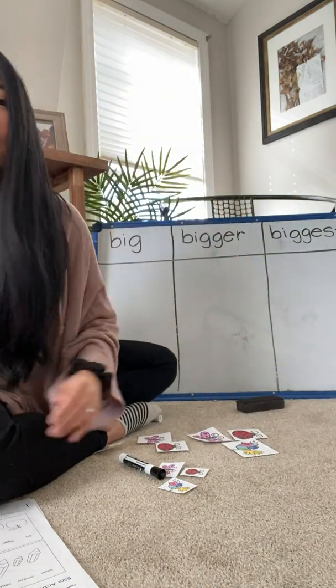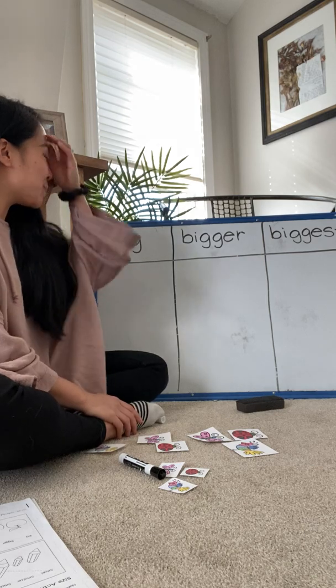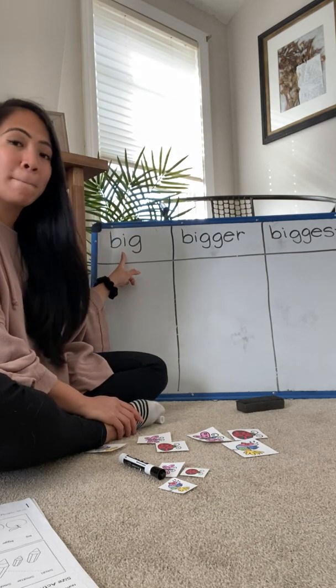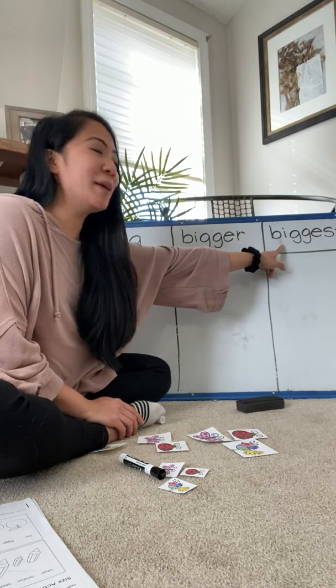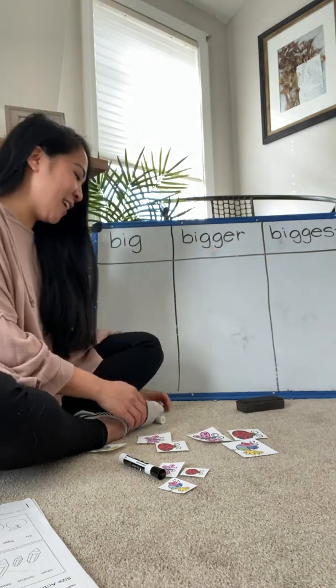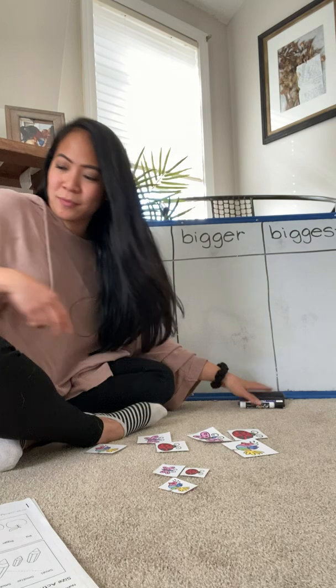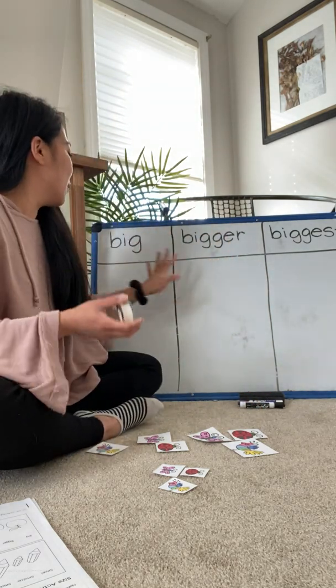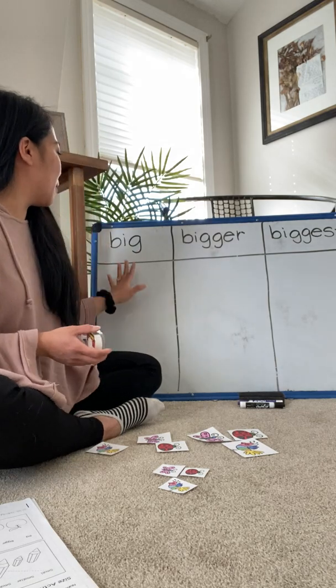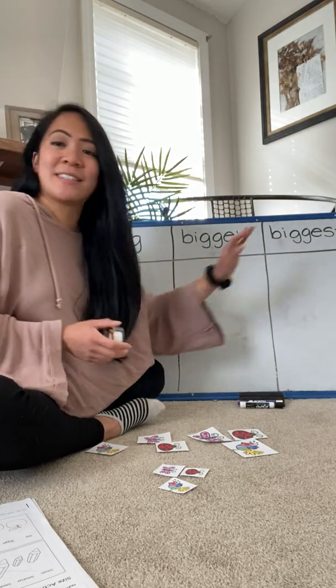Bigger. All right. On my board, I have the words big, bigger, and biggest, and you're going to help me find all the pictures that are big, bigger, and biggest.